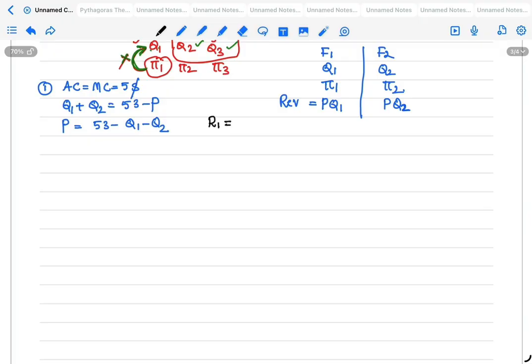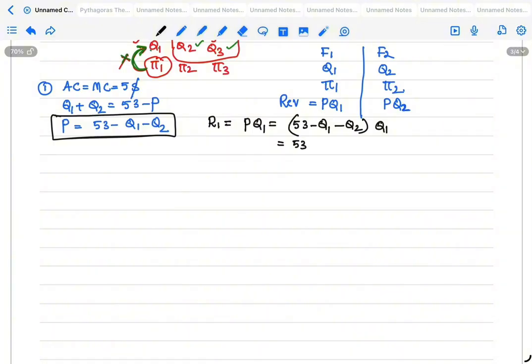The revenue of firm 1 is R1, R1 equals P times Q1. So P equals this equation, right? P equals 53 minus Q1 minus Q2, times Q1. That equals 53 Q1 minus Q1 square minus Q1 Q2. So profit equals revenue minus total cost.